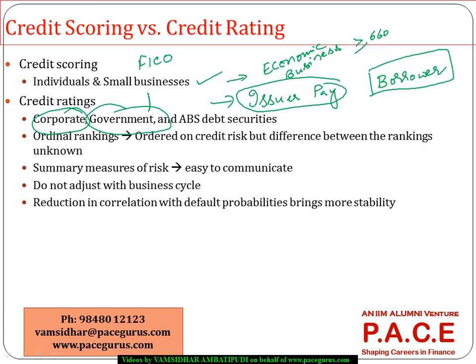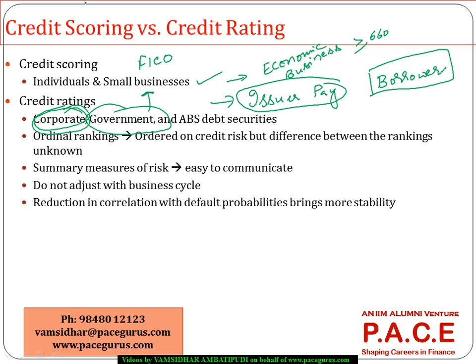It means a government will pay a credit rating agency to provide a rating to the government. A company XYZ will pay something to the credit rating agency to give a rating to it based on its financial situation.